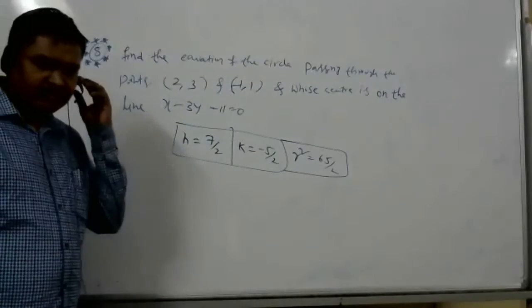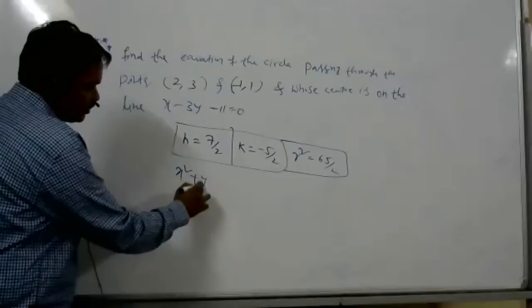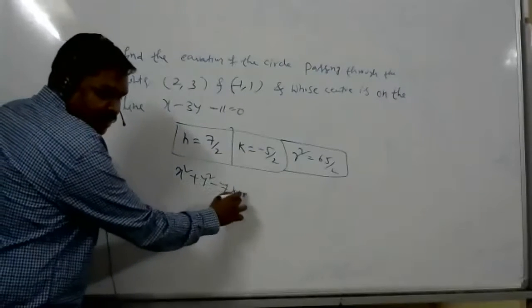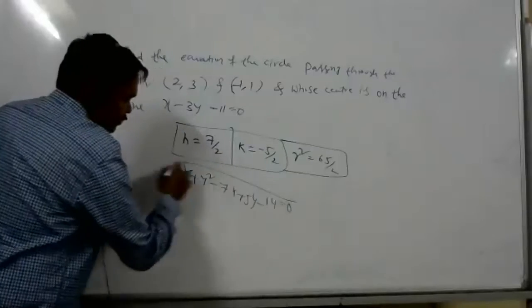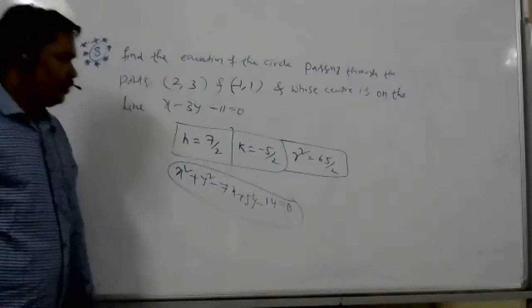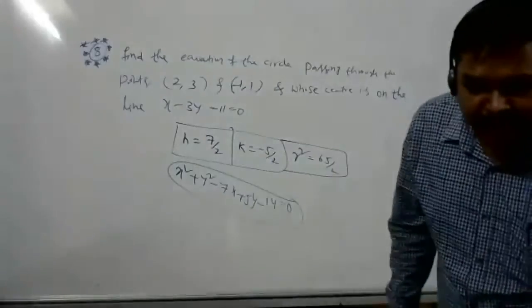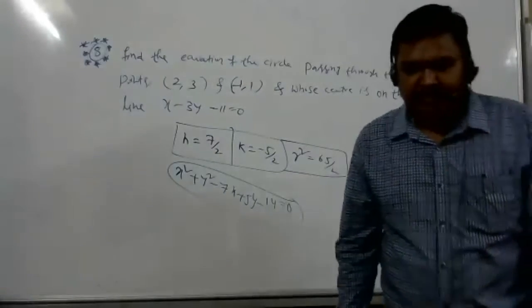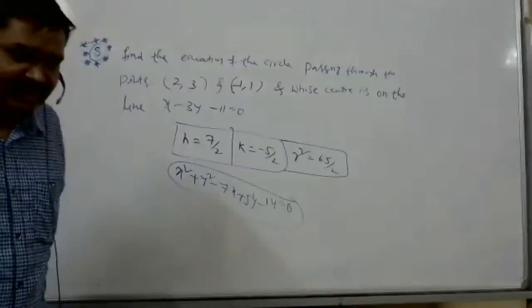Sir, is the answer x square plus y square minus 7x plus 5y minus 14? 14. Himanshu completed, right? Yes, sir. Okay. Nagabhushan? Yes, sir. Doing, sir. Okay.